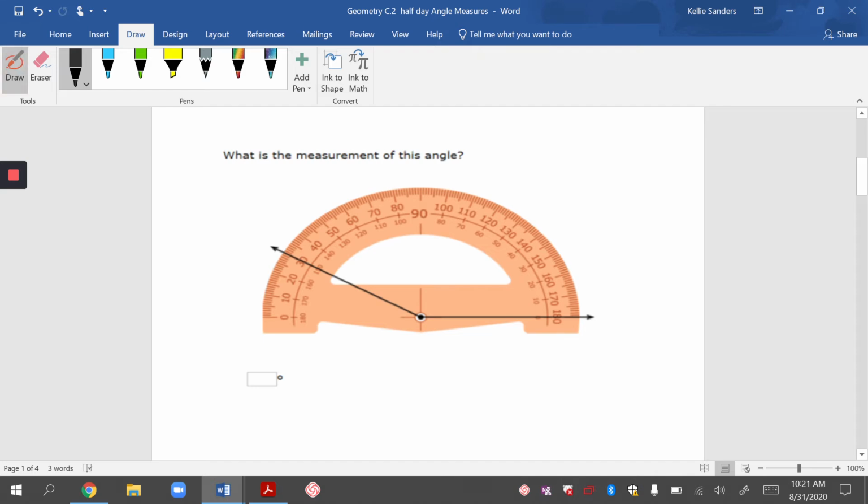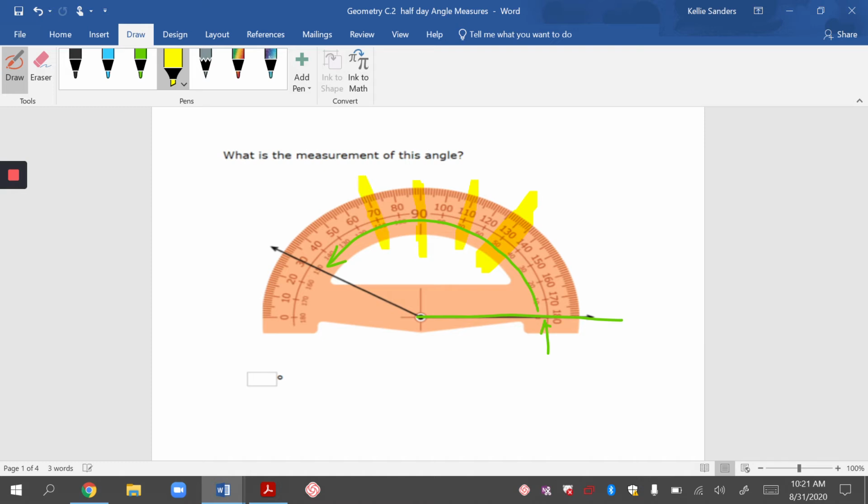Okay. Now on this one, the 0 that they used is on the inside. So we're going to be using the inside numbers. Notice, just FYI on this, see these two numbers right here? And then this would be 90 and that would be 90 right there.